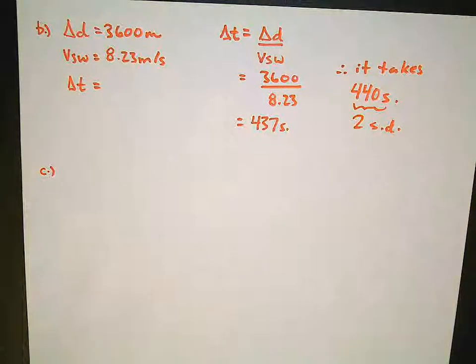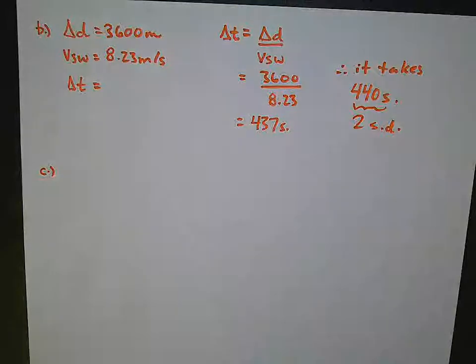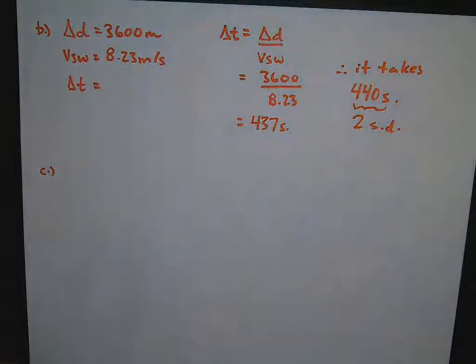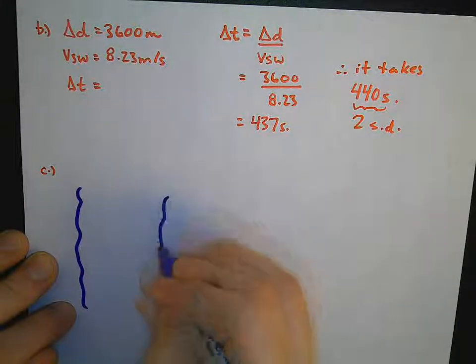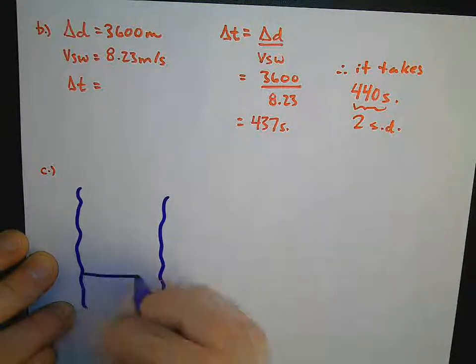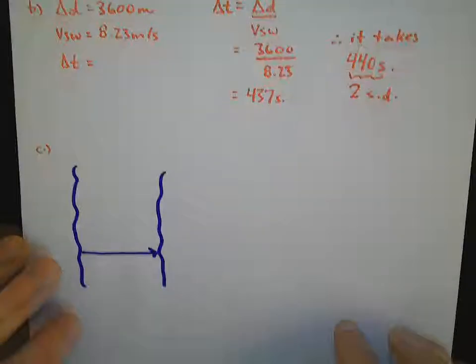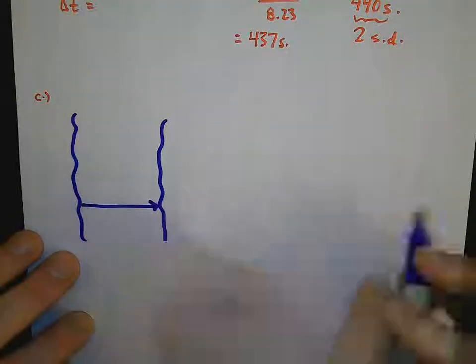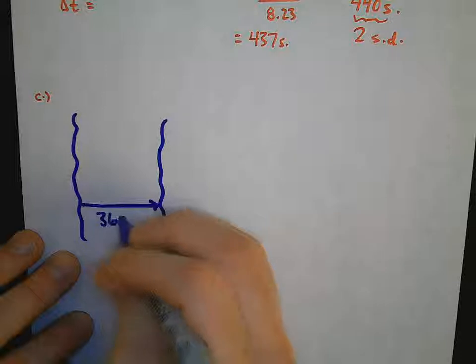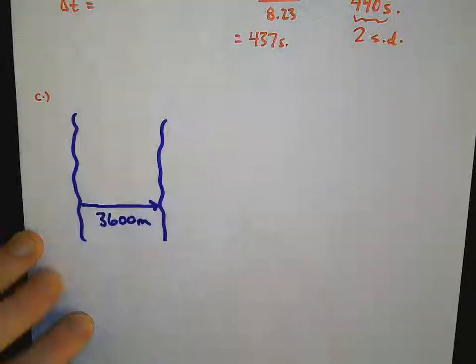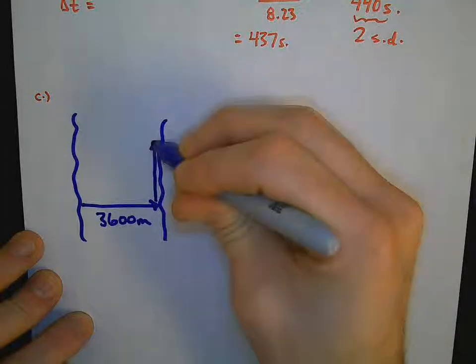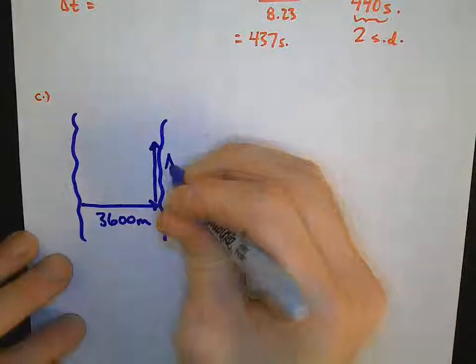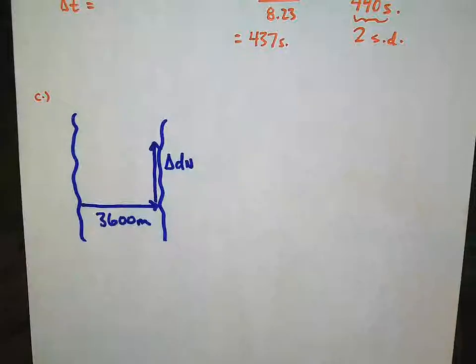In part C, we're looking for the landing position of the swimmer. We will remember that the swimmer crossed a river going in the east direction first that was 3,600 meters. And because of the river's current, it pushes our swimmer a bit to the north, some displacement north.